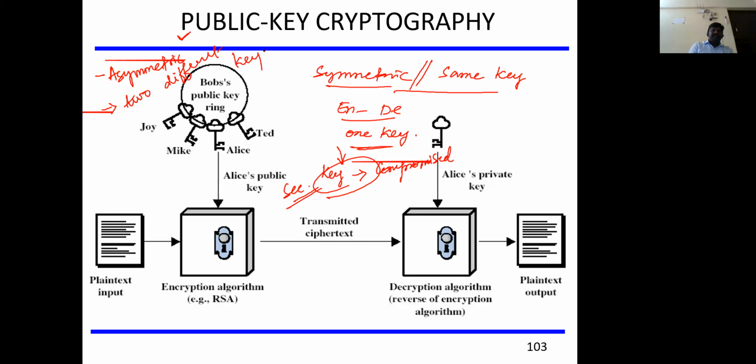Out of these two keys, key 1 will be used for the encryption technique, and the second key, key 2, will be used for the decryption process, right? So if there are two users in a communication, user A and user B, who want to securely exchange a message, both the users will have a pair of keys.